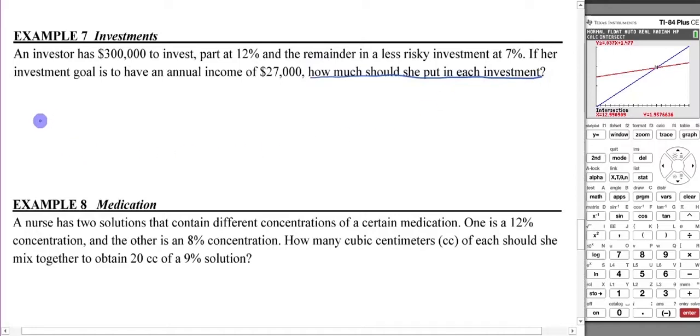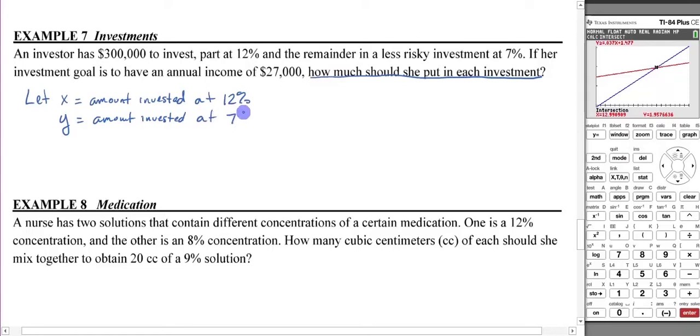Well, there are two investment accounts she's going to have. So we're going to let X equal the amount invested in the 12% account, and we'll let Y equal the amount invested in the 7% account.